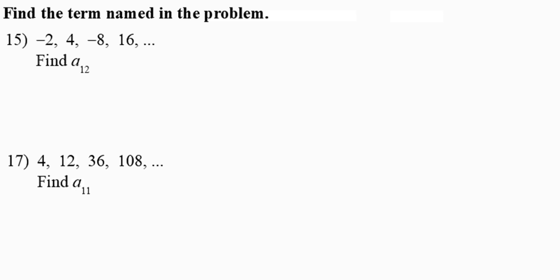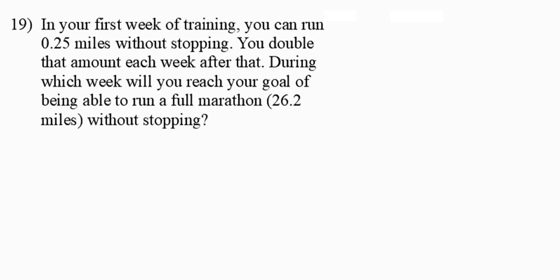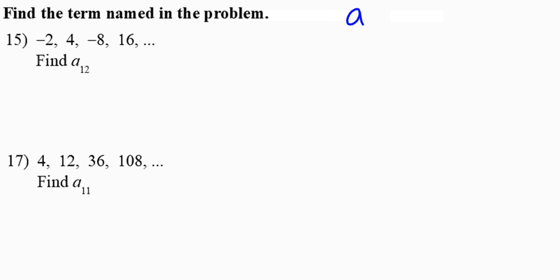Find the term named in the problem. I want to find the 12th term in this problem. So again, here was my explicit formula. This is what we're going to use. Okay, so for the explicit formula, just like what we just did on the last slide, we need that A1 number.